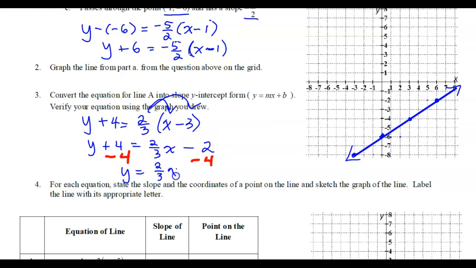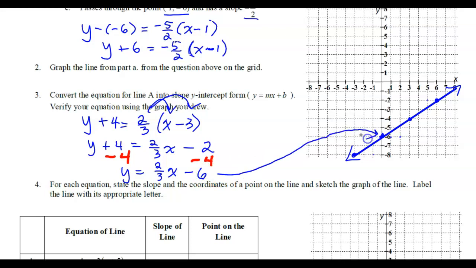Notice how the slope doesn't change. The slope is not going to change. The same line, doesn't matter what form of the equation, the slope needs to be the same, and it is. And then the y-intercept would be -6. Okay? Verify looking at our graph, so that this is saying that that equation should have a y-intercept of -6. What's the y-intercept?